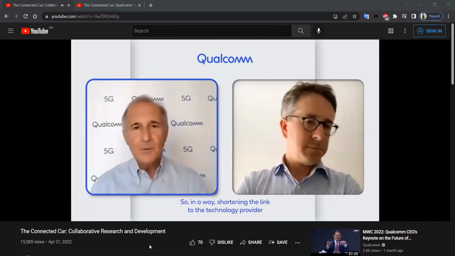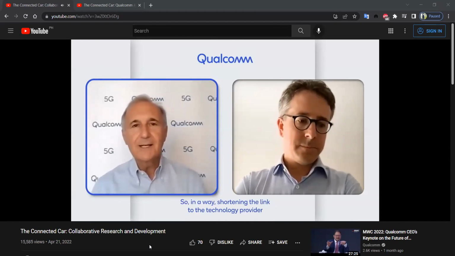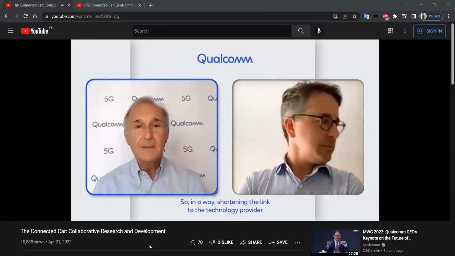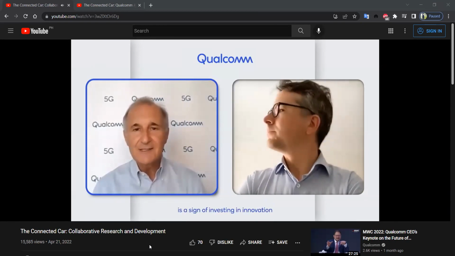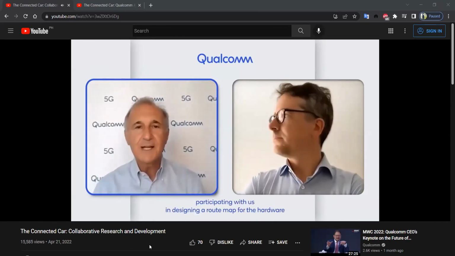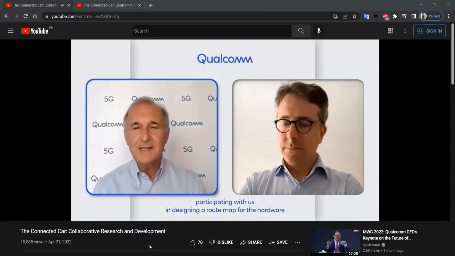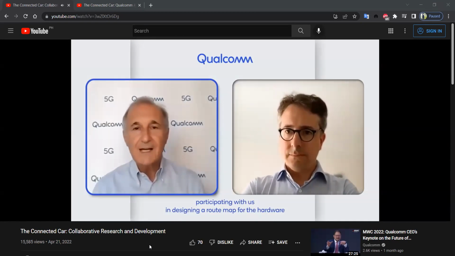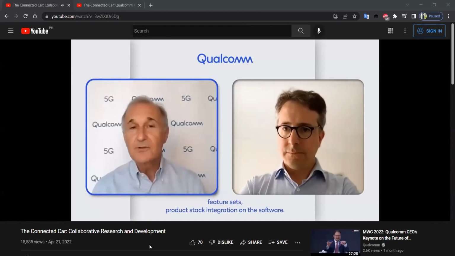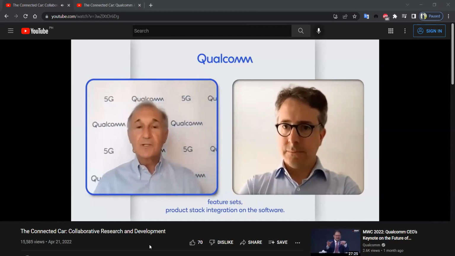So in a way, is shortening the link to the technology provider is a sign of investing in innovation, participating with us in designing roadmap for the hardware, feature sets, product stack, integration on the software.